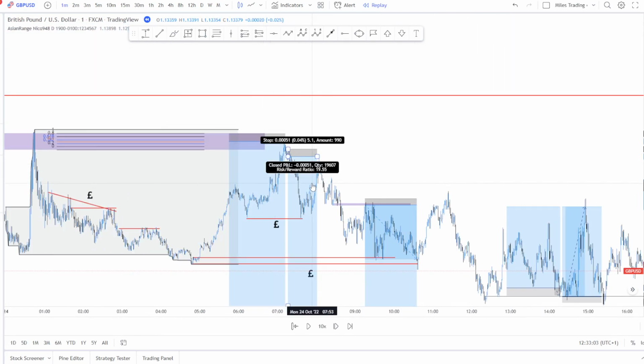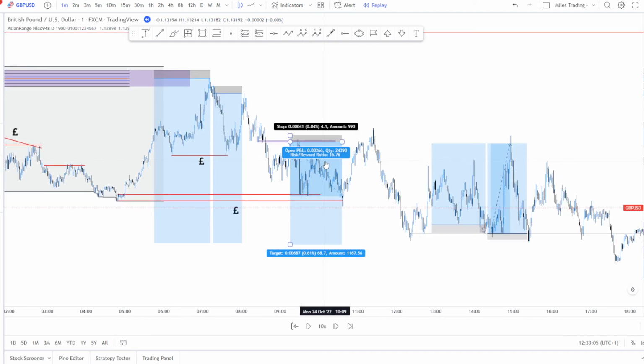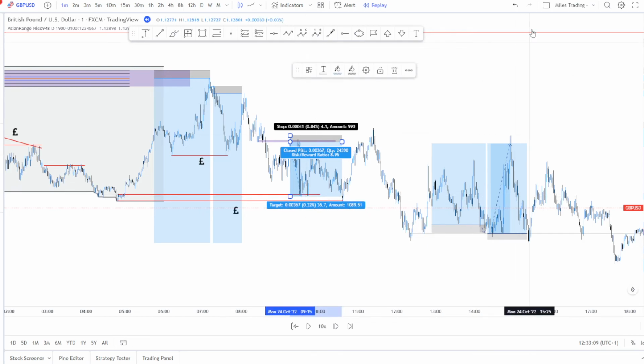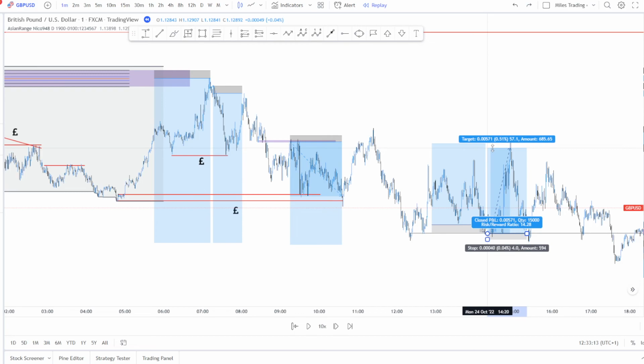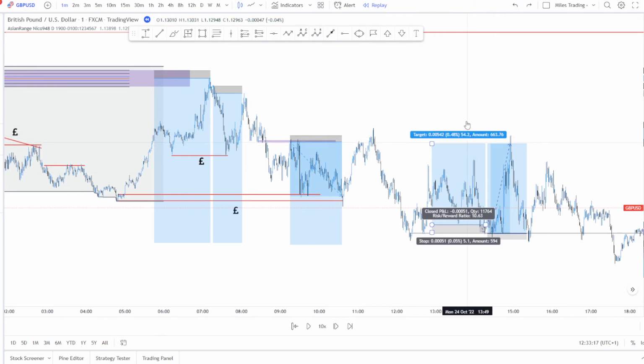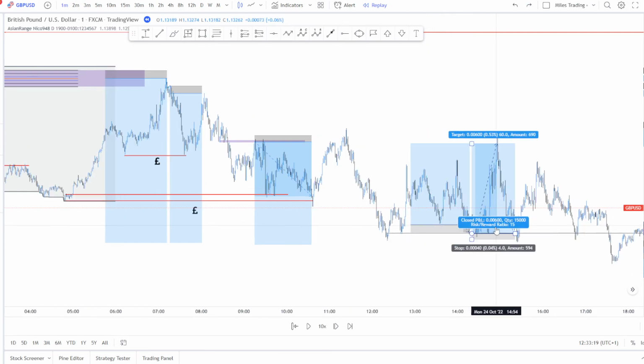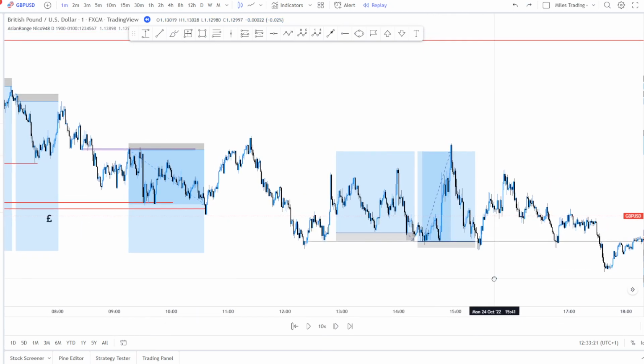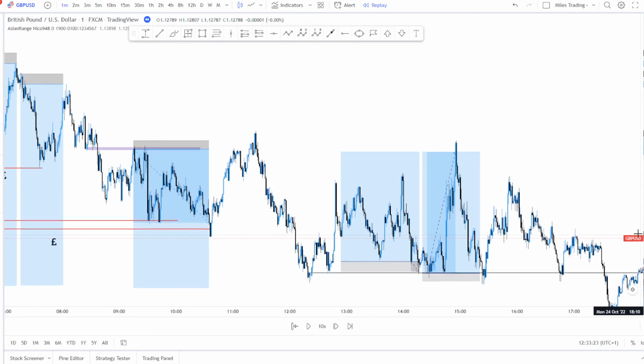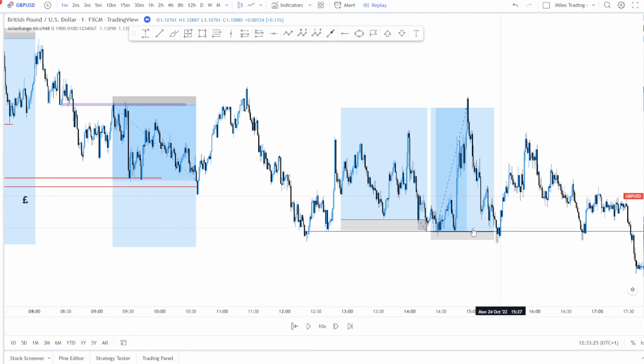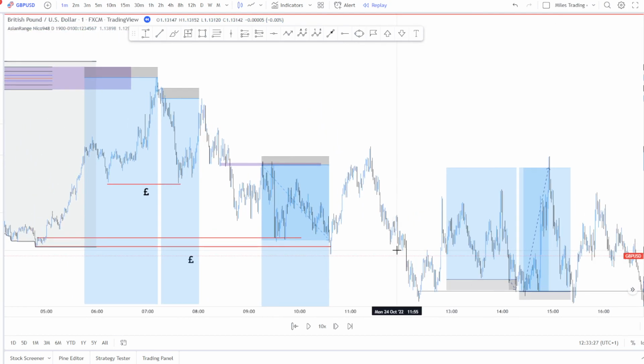So I caught 21R, 20R. What was this one? This one was about a 9R, and then I caught this about 14R, I believe it was around there somewhere. But that was the partials. Overall, I was expecting it to go a bit higher, but it did come back and hit my break even, which does not matter. Overall, this was a good trading day.